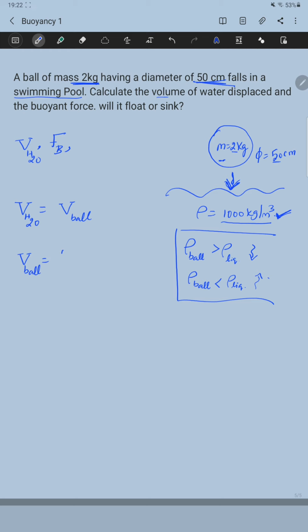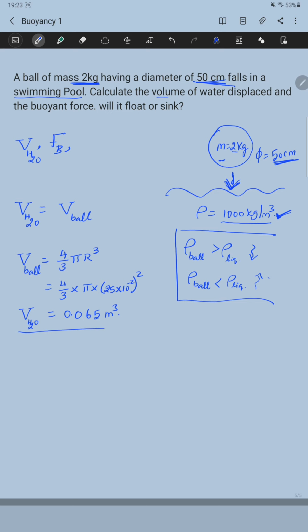The volume of a sphere is 4 by 3 pi r cube, which equals 4 by 3 times pi times, the diameter is 50, so the radius is 25 centimeter, 25 times 10 power minus 2, whole cubed. I get this to be 0.065 meter cube.